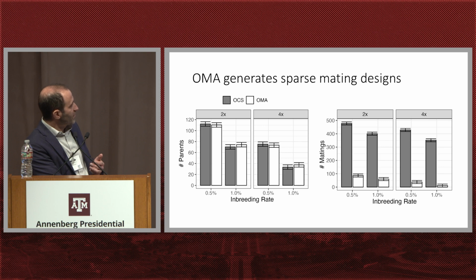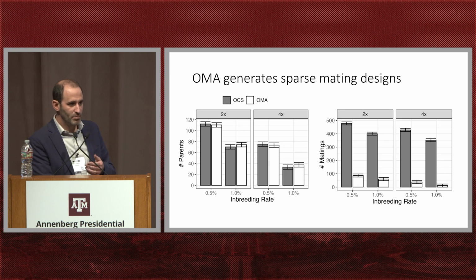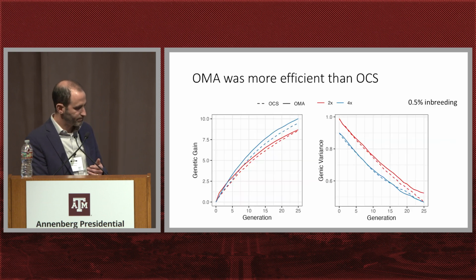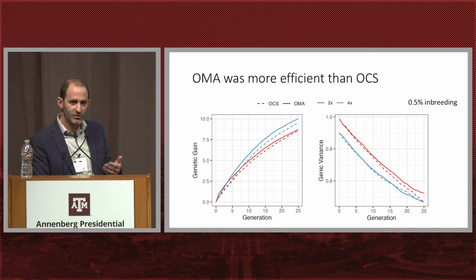We can achieve the same or better genetic gains with a fraction of the matings, 100 matings versus 500 matings, and the discrepancy is even greater in tetraploids compared to diploids. So there are significant logistical benefits to using this OMA method compared to OCS. And then of course the real test is, what did you observe in terms of long-term gain and efficiency?